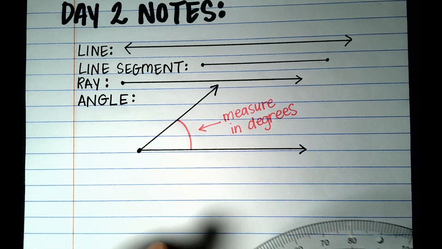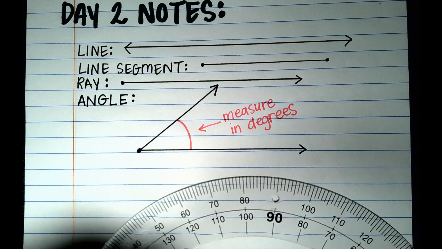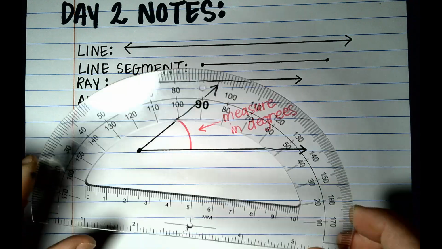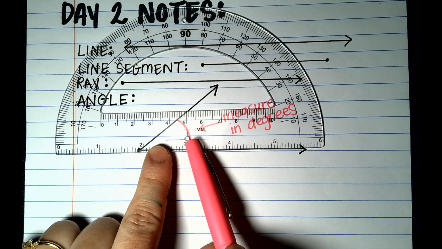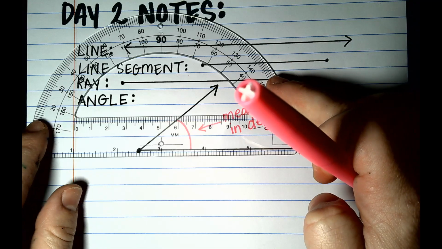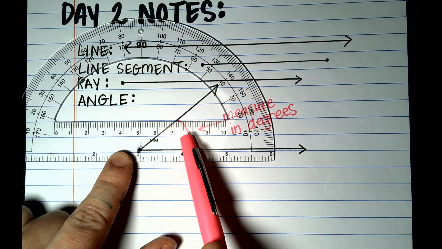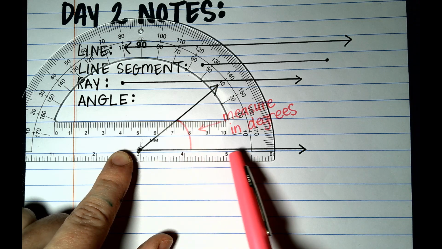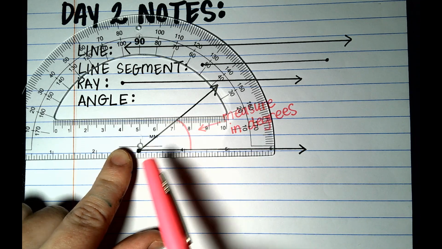So, for example, if I wanted to measure this angle, here's a quick tutorial, and then we'll go in more depth in a minute. I would take my protractor, and I would find this dot, this hole in it. That's where I'm going to line up with this point. And then I'm going to make sure that my angle, this bottom ray, goes through the line right here.